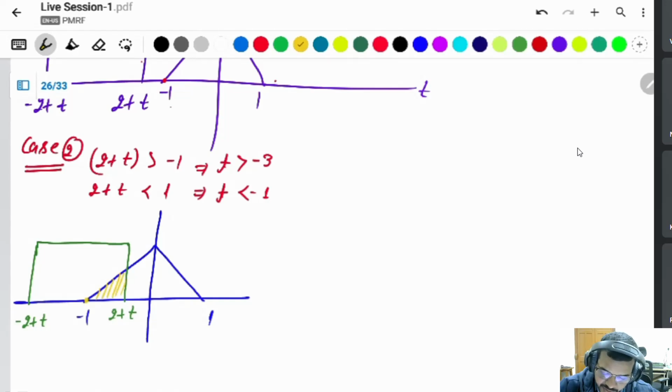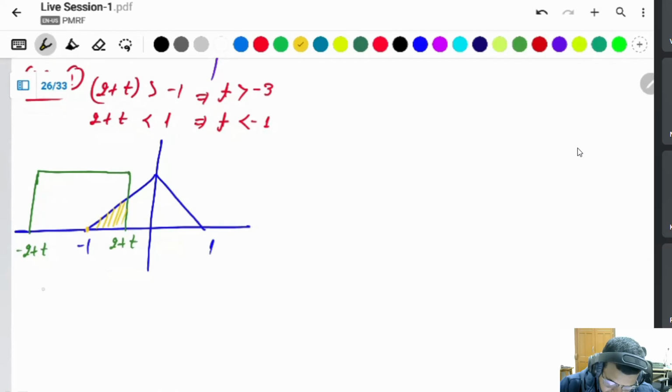Then calculate this area. For this condition, y(t) is the integration from minus infinity to infinity of h(tau) into h(t minus tau) d tau. Then what is the area of this overlapping? Then find the line equation of this one.